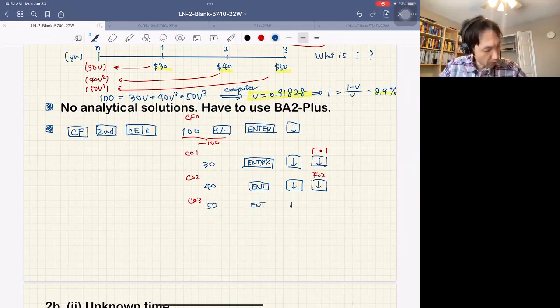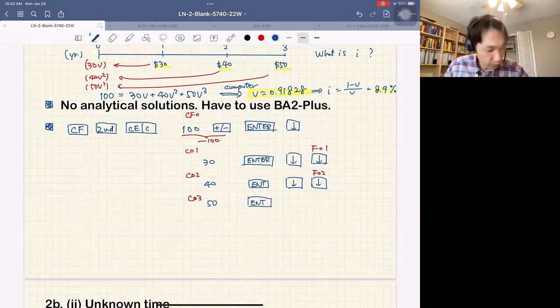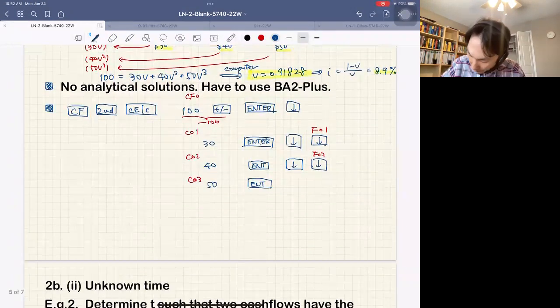I think this is the last one, so we don't really have to go down. Now we put all cash flows. So now everything has been input. Then we push the IRR button. So this means the internal rate of return.